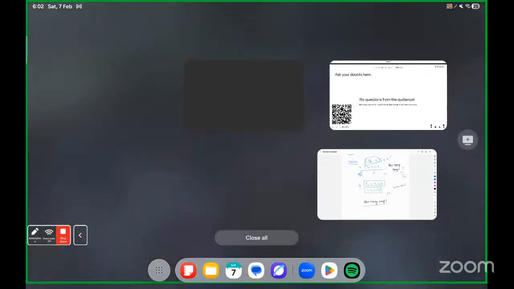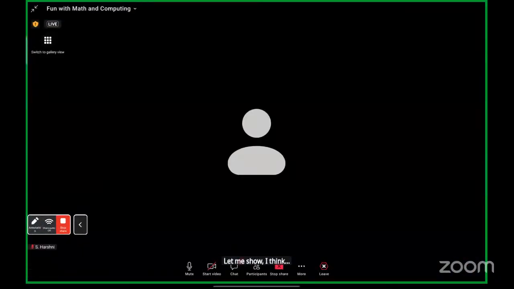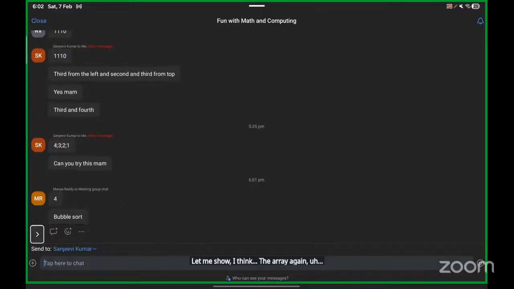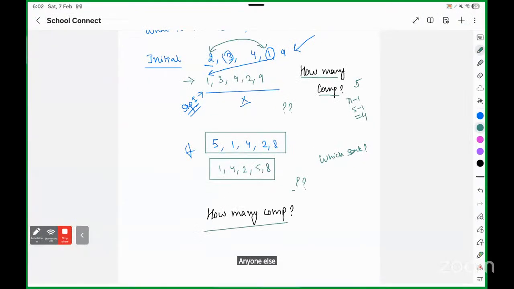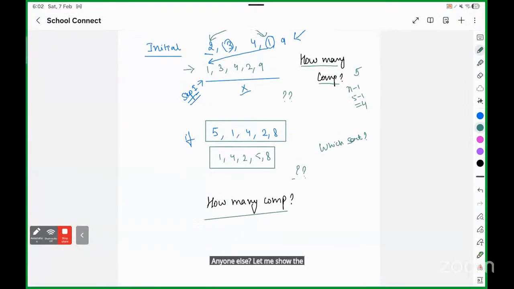Let me show the array again. Okay, Anya is saying bubble sort. Anyone else? Let me show the array again. And this is the output after round 1.